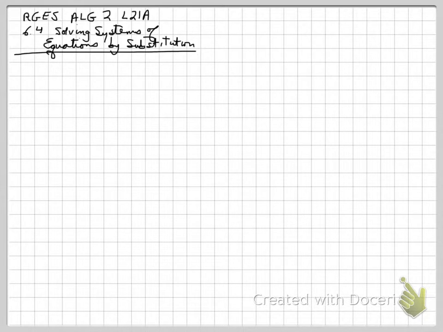Recall what that looked like: if we had 2x minus 3y equals 17 and negative 5x plus 3y equals 13, we get in a situation where one variable, if you add or subtract, will drop out. In this case, our y's will drop out.